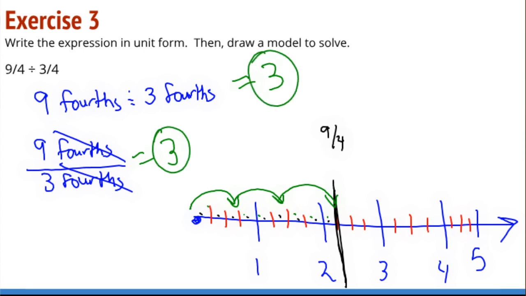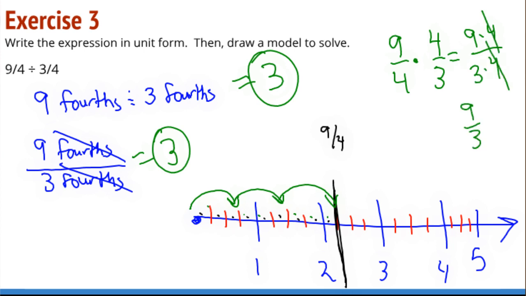And then I could try out my multiplication. 9/4 multiplied by 4/3. 9 times 4, 3 times 4. And I've got 9 divided by 3, which is 3. And once again, these are lots of examples of measurement division. We're asking how many groups of a size can I make?